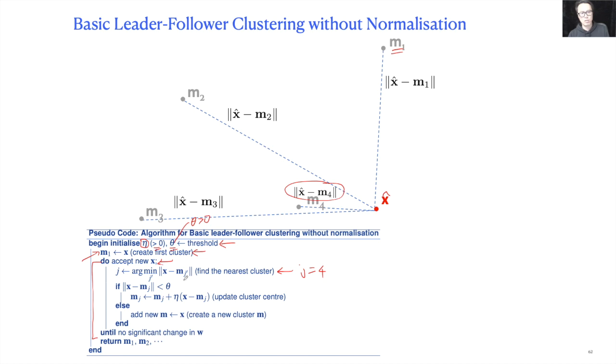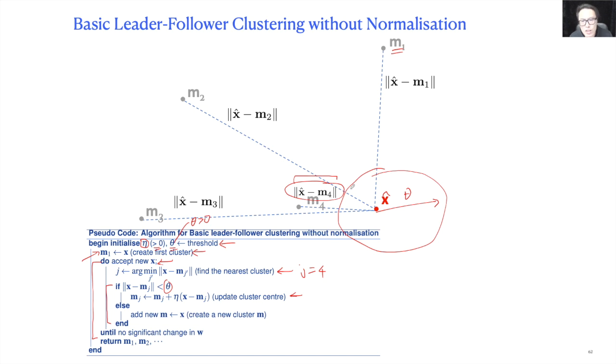Now the next step is the if-else statement, where we use the threshold. We check whether this distance is smaller than theta or larger than theta. It means we draw a circle right here with radius theta.